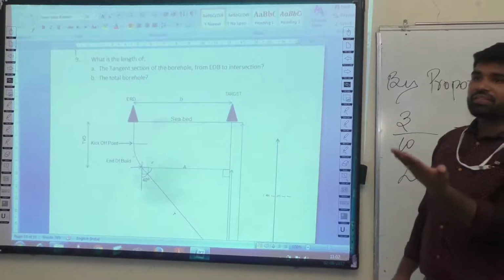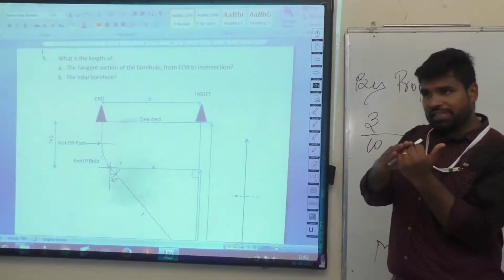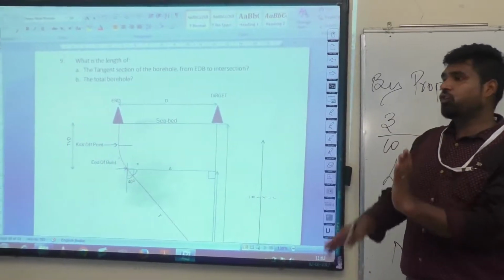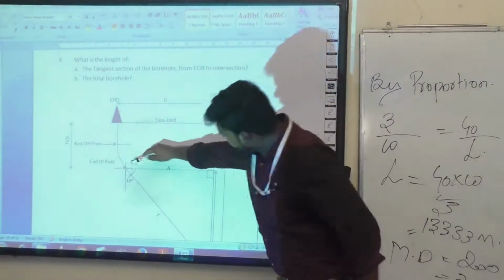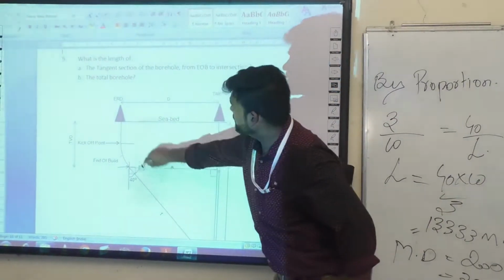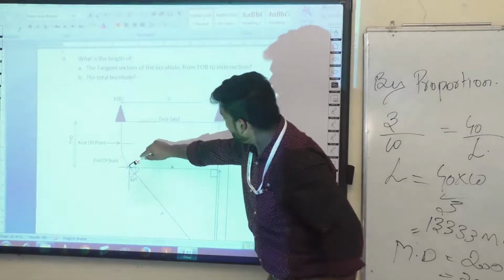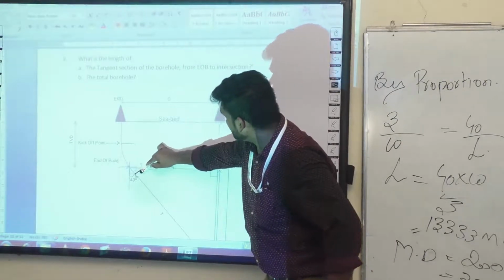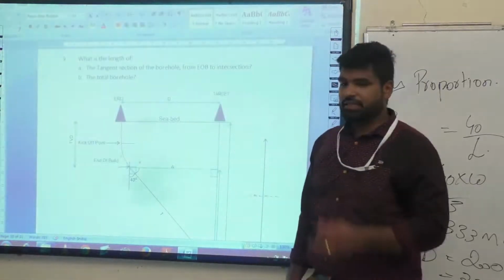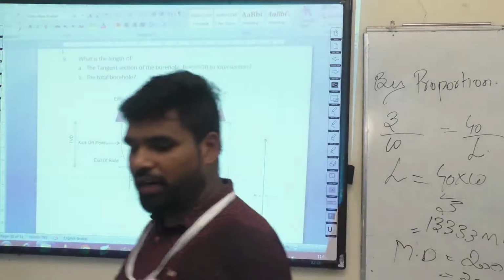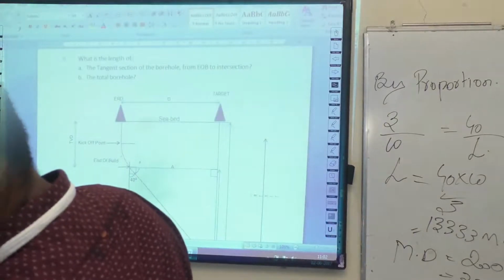You are not going to increase the angle, you are just going to hold the angle at the end of build that you have. So this is your tangent section. So I want to find the length of the borehole from the EOB, along the tangent, to the point at which we reach the target.